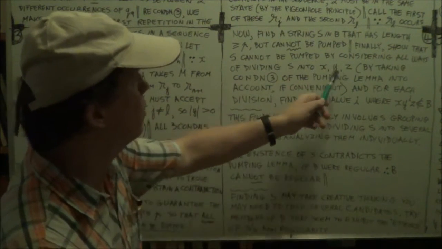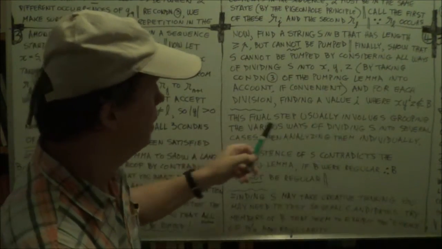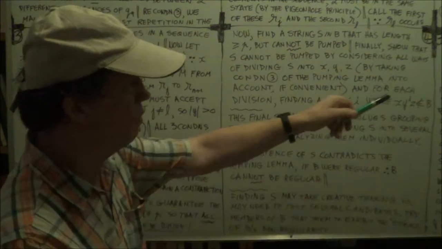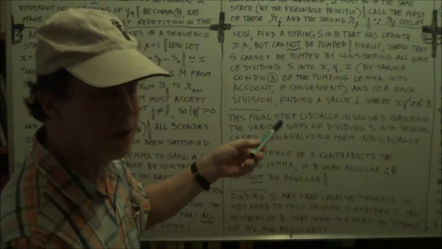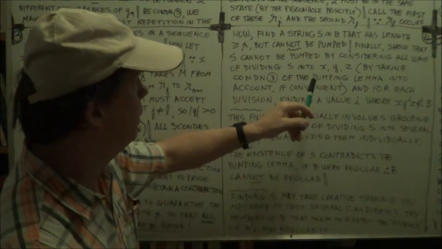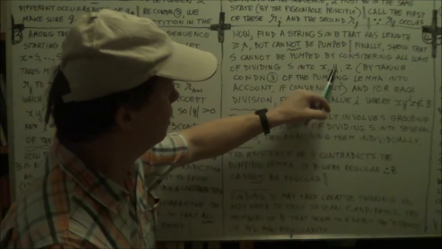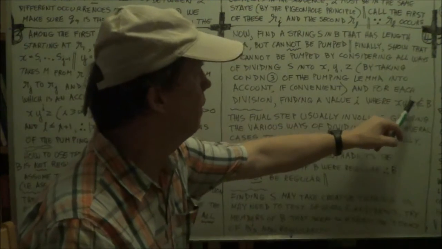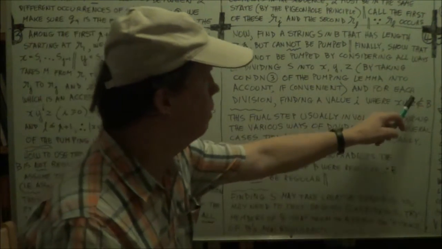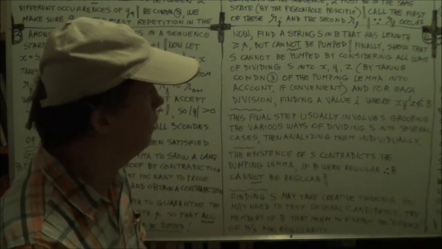So you need to go through the various ways of splitting up x, y, and z, the various categories. This is a bit vague at the moment, but as we go through the examples, you'll see how it's done. You need to consider all possible cases of your possible pumped x, y, and z for different values of i. There are various families, categories of pumped values you can have.